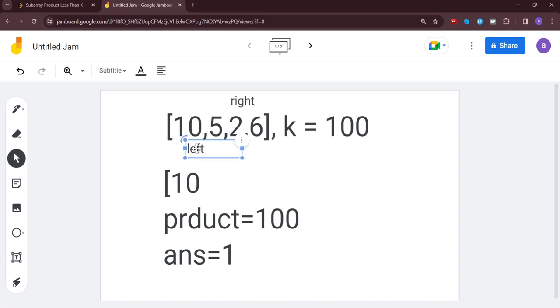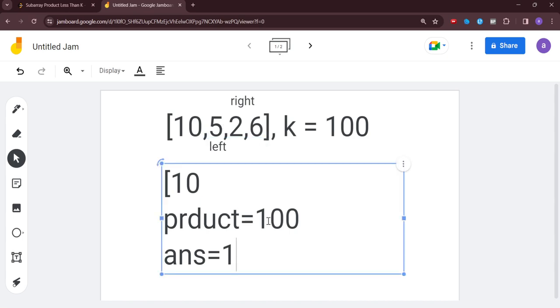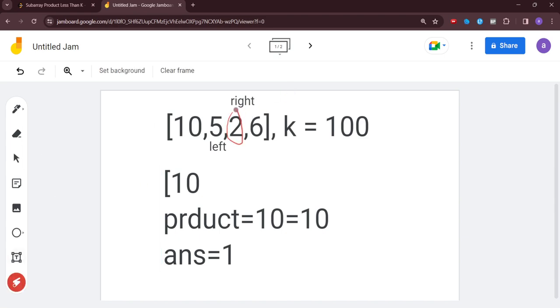That's why we are going to move the left to here, and then we are going to divide the product which is present by 10. So it is again going to give us the result 10. So now the product is going to be 10, and as it is less than k, we are going to consider the subarrays we can build from left to right. Now there are going to be two subarrays, which are only 2, and then 5 and then 2.